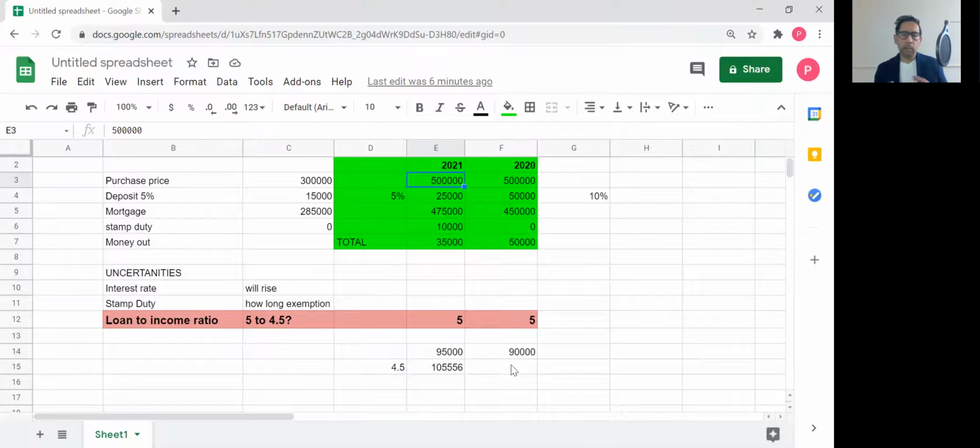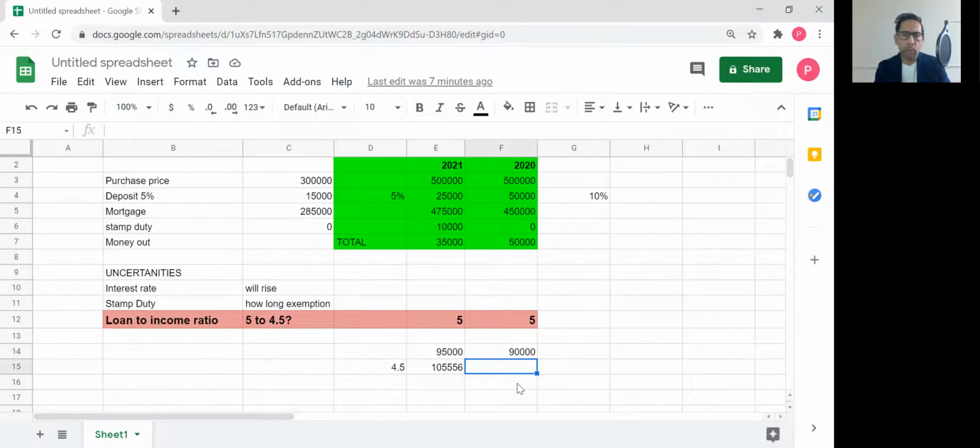So don't just look at it as, after the announcement, I will be able to buy a property with only 5% deposit. What you also have to look at is whether your income is increasing.